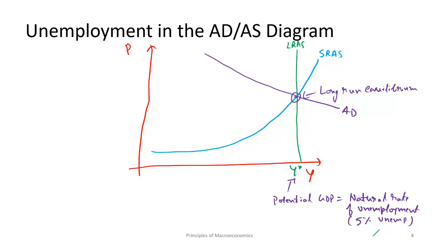So it's perfectly okay in an economy at potential GDP to have around a 5% unemployment rate, because it is a natural rate. So this potential GDP is also known as natural rate of output, that's another term we use for potential GDP. So potential GDP is the GDP at which the unemployment rate is at the natural rate, which is around 5%, which is also called natural rate of output.